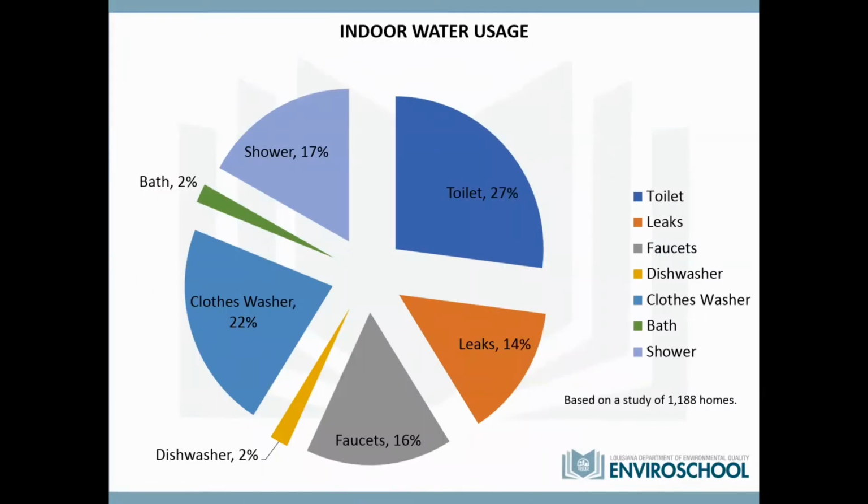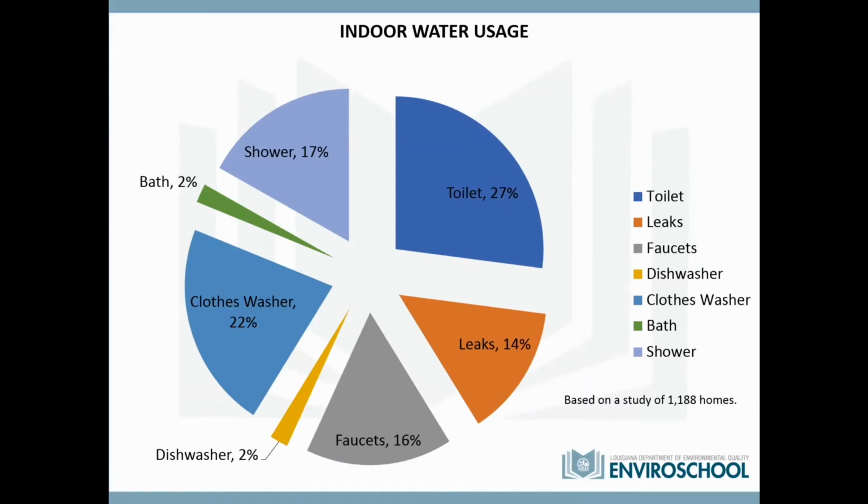And indoor water use can be broken down into these components. The most common you see is the toilet. At least in this study, 25% of indoor water use was from flushing the toilet. Clothes washer, that was 22%.